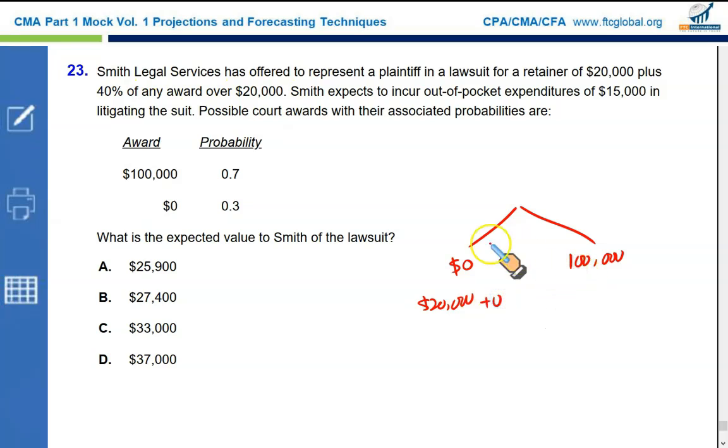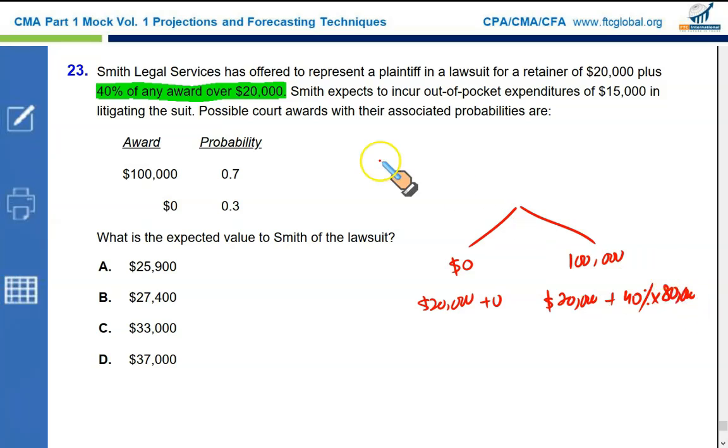But if the award is $100,000, in that case, Smith will receive $20,000 of retainer fee, the guaranteed amount, plus 40% of any award above $20,000. If the award is $100,000, how much is it above $20,000? 100 less 20, $80,000. So we will get 40% of $80,000. Why? Because 40% of any award above 20,000.